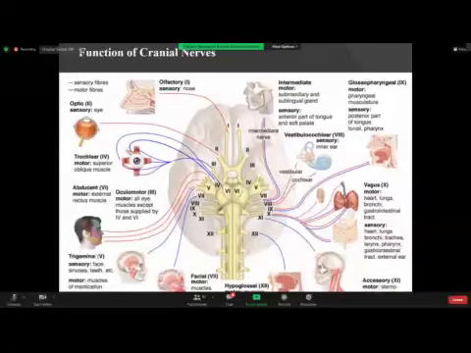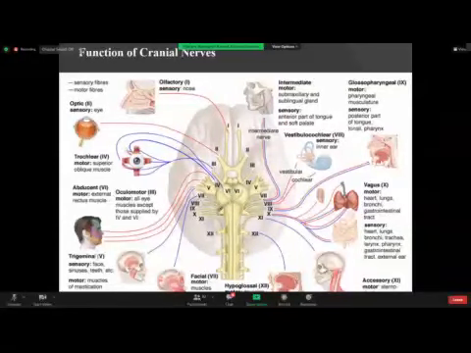It is playing a role in taste and also in the movement of the facial muscles. Okay, this is the vestibulocochlear nerve. These are two different nerves. One is taking the vestibular information about your balance and the cochlear about your hearing, and then traveling together as cranial nerve 8 to its target.